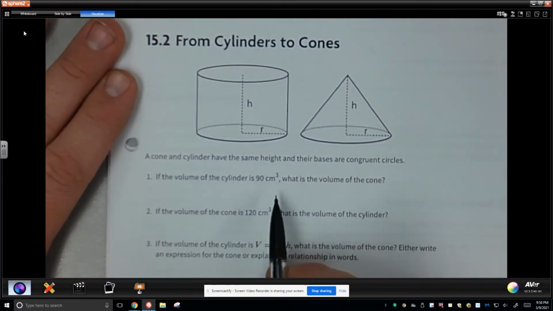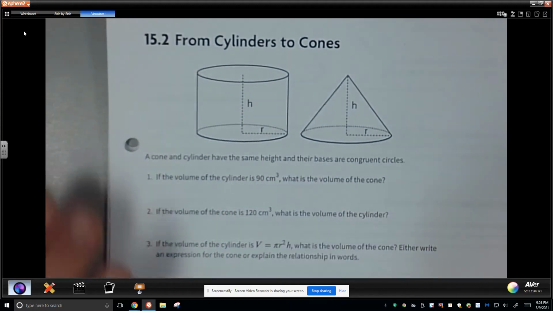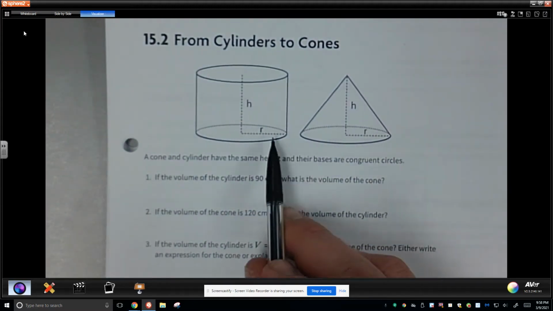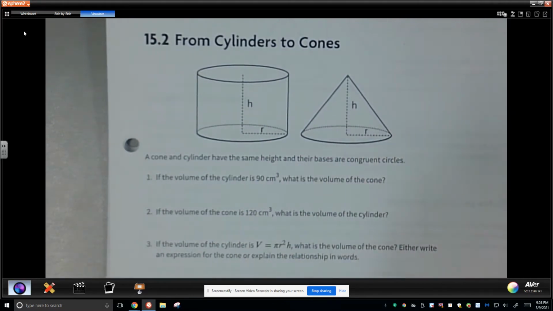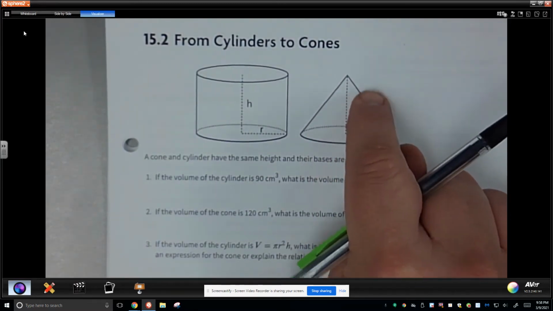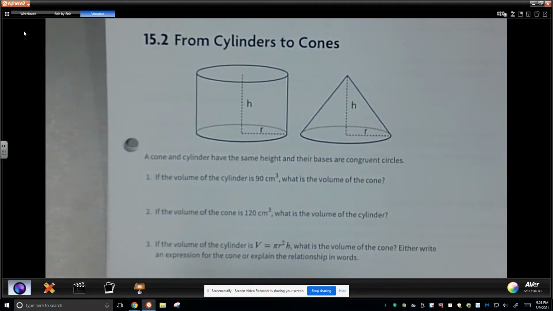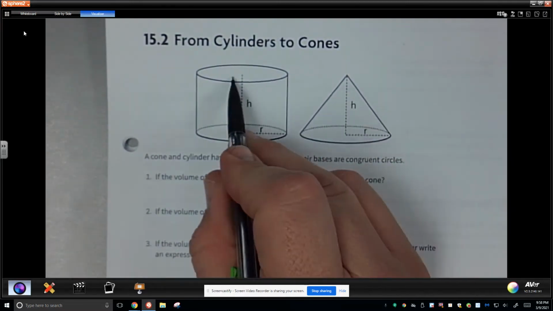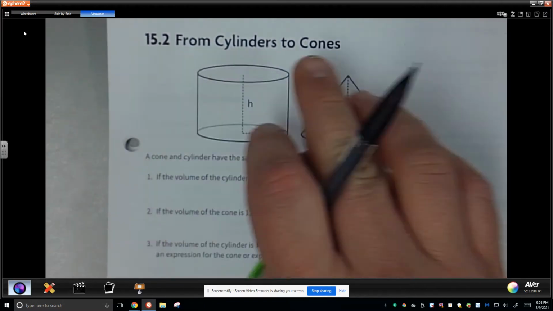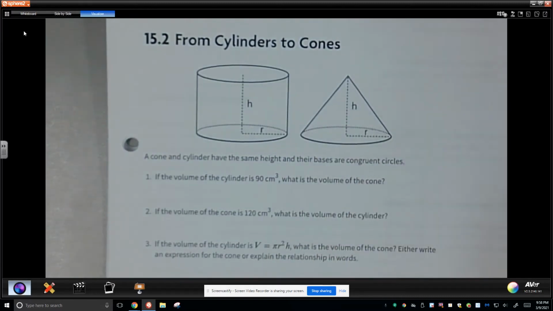If the volume of the cylinder is 90 cubic centimeters, so right here, the base is exactly the same, the height is exactly the same. There's just one thing that we need to be aware of. If I were to take this cone and flip it upside down and set it inside of this cylinder, this edge right here would rest on the top, or perhaps if this was open and I set it on here, how much of this space, the volume, would actually be filled up by that cone? I'd like for you to make a prediction.